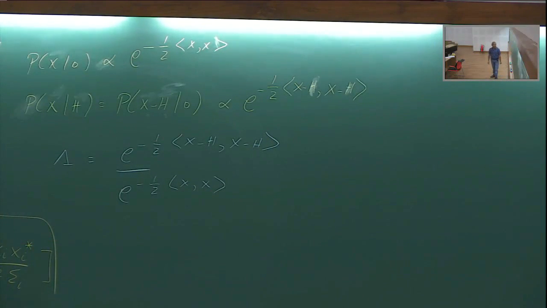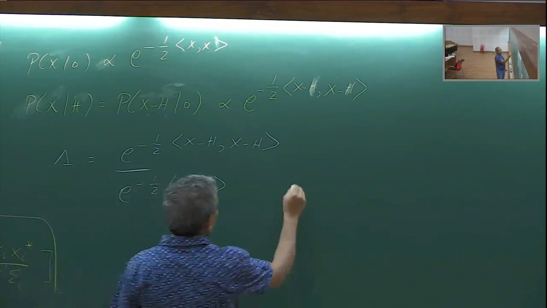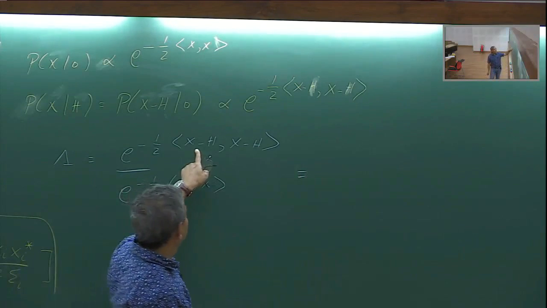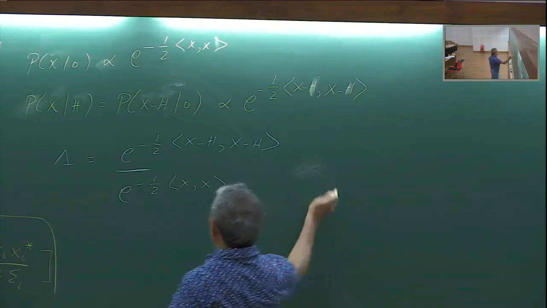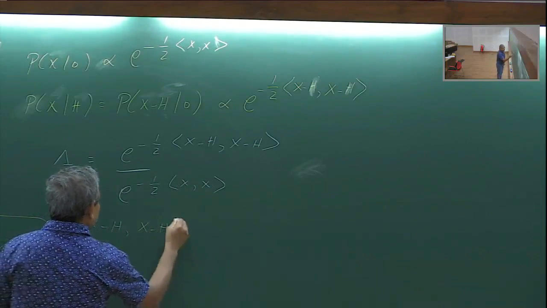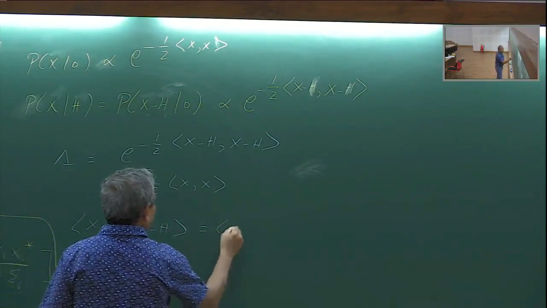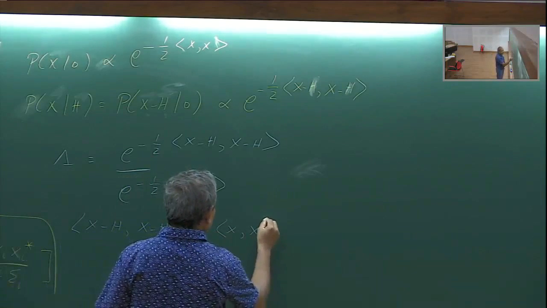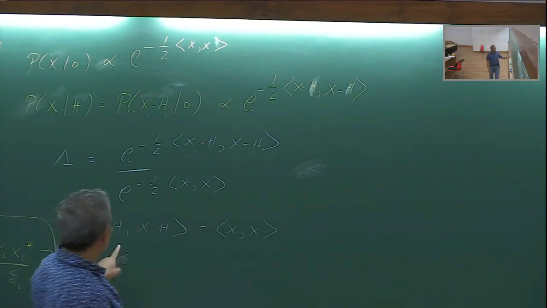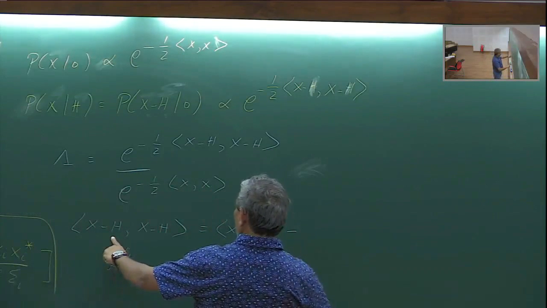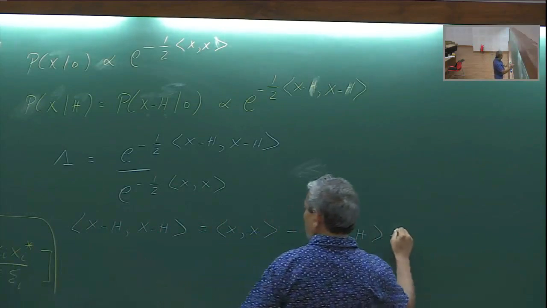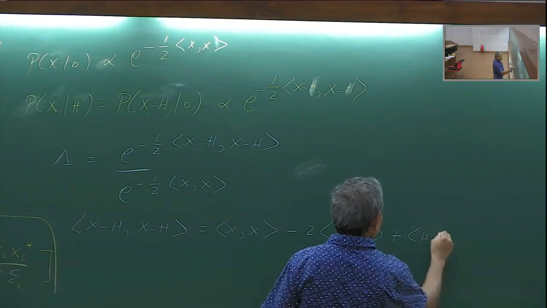So let's simplify this. We can do this calculation here. (x minus h, x minus h) is completely distributive. The scalar product is fully distributive. So I can just write this as (x, x) minus 2(x, h) plus (h, h).